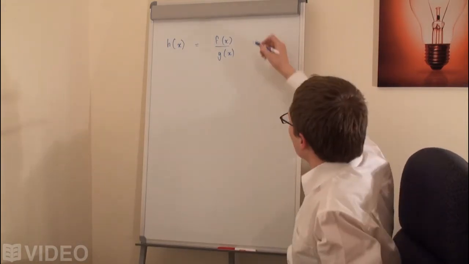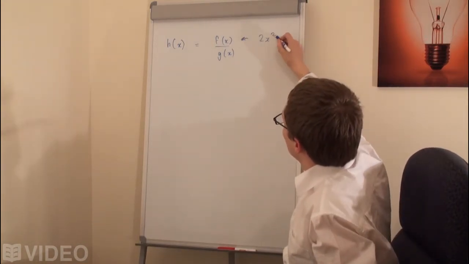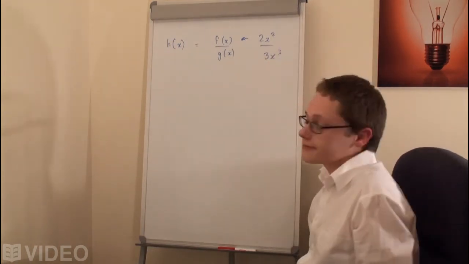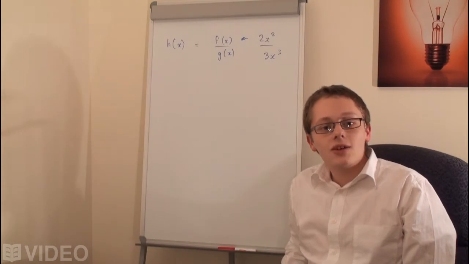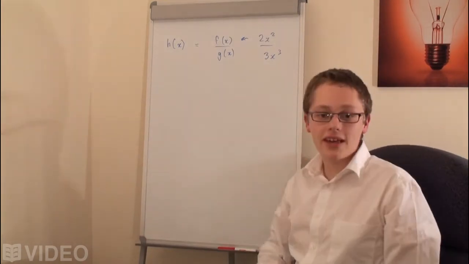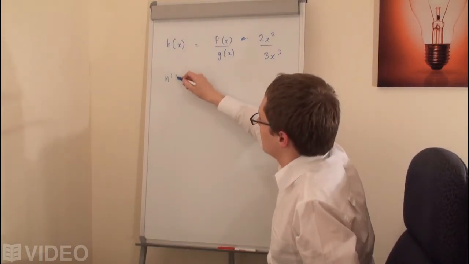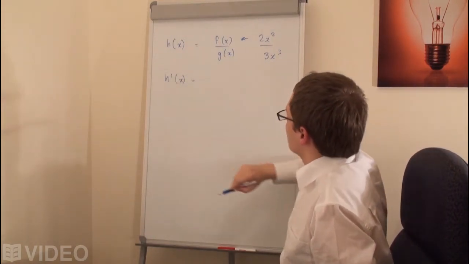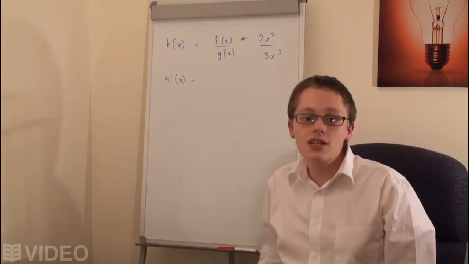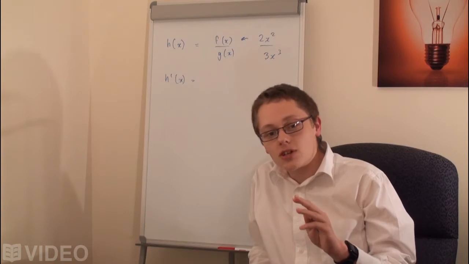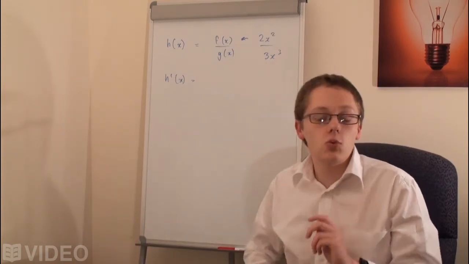So let's say that the f of x is 2x to the 2, and the g of x is 3x to the 3. Let's find what the derivative of h of x is, the h prime of x. In order to do this, we need to follow a general form, just like in the product rule. And it's very similar to the product rule, but it has a little bit of a twist.